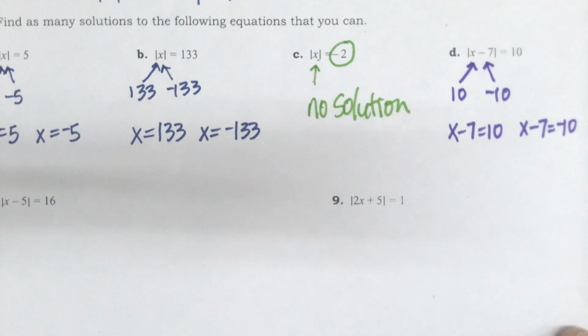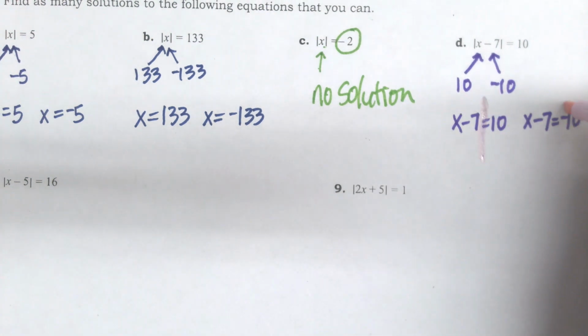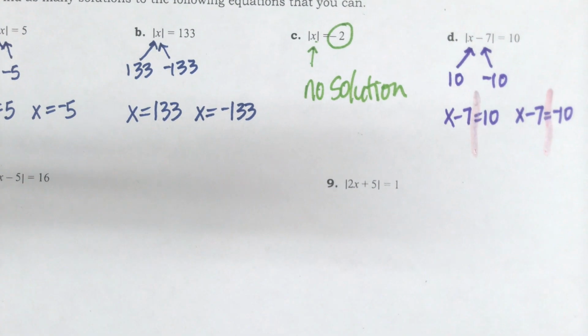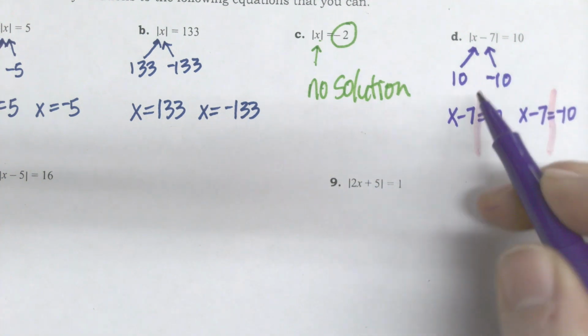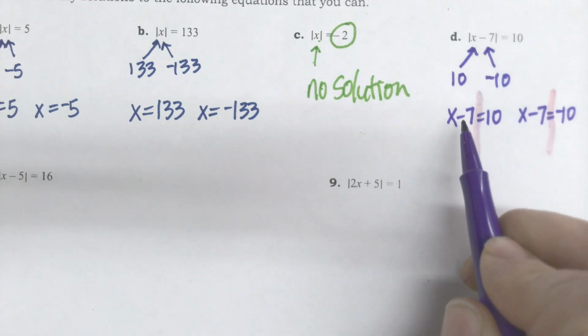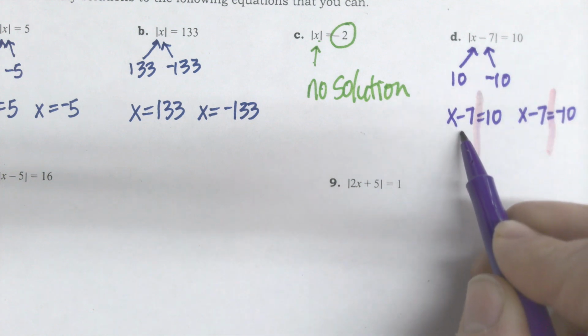Absolute values double our work. Now I have to solve both of those equations. Keep in mind, I have to work on both sides of the equal sign. What do I do to get rid of the -7?